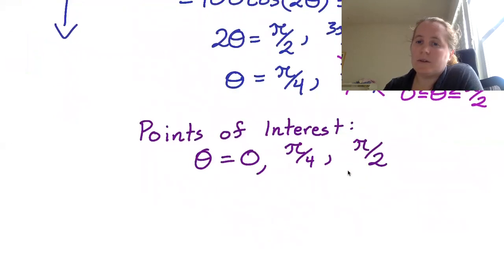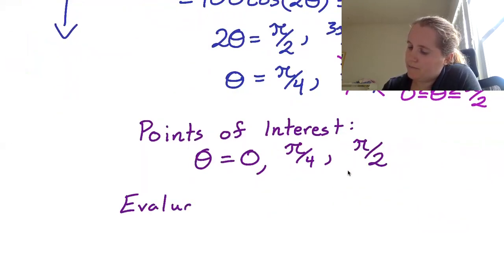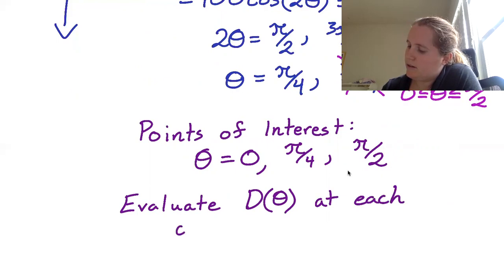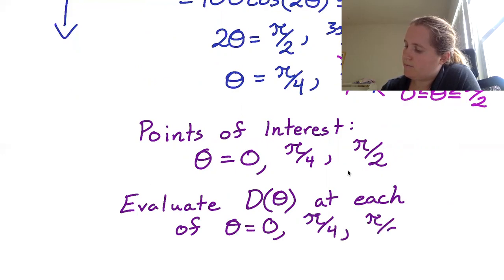So from here, we are going to go ahead and evaluate our distance d of theta at each theta equals 0, pi over 4, and pi over 2.